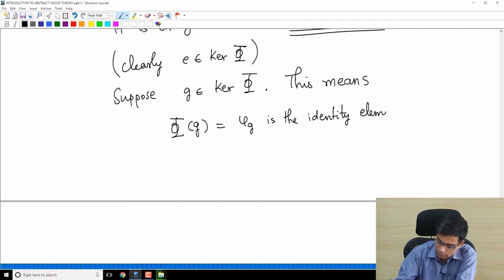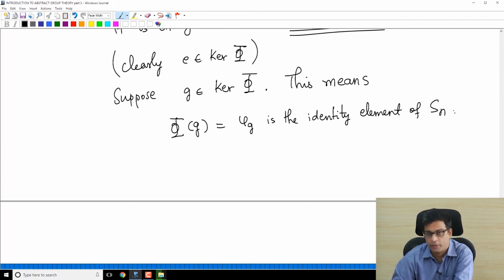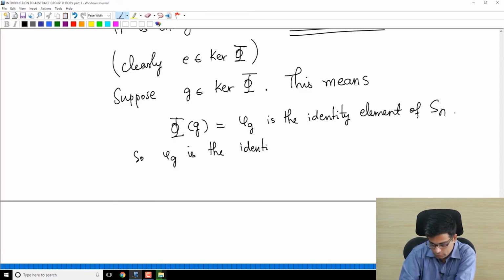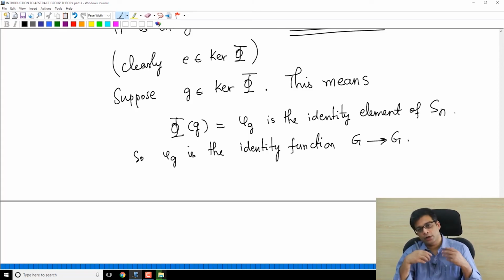What is the identity element of Sn? Sn is the group of bijections of G. Its identity element is the identity function. So phi sub g is the identity function from G to G, right? The identity element of the symmetric group is the identity function.